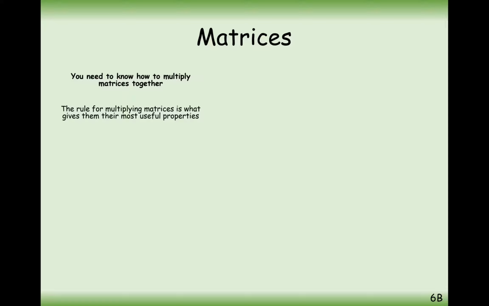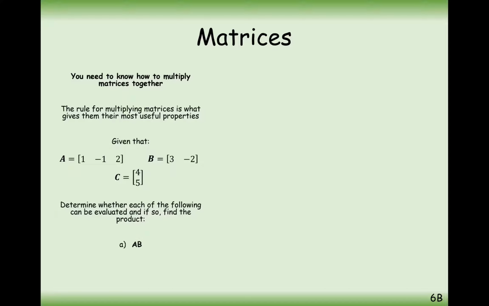Okay. Let's now have a look at where we can multiply matrices and how we spot when we can't multiply matrices together. So the question is we've got three matrices here and we're asked to determine AB, BC, CA and BCA. So for question 1, calculating AB, we've effectively got a 1 by 3 matrix here and a 1 by 2 matrix here.